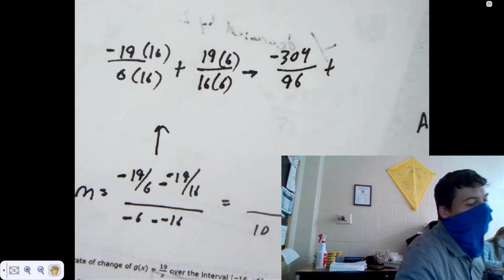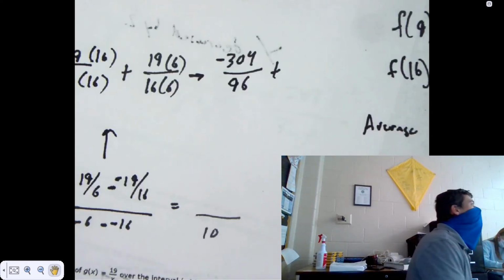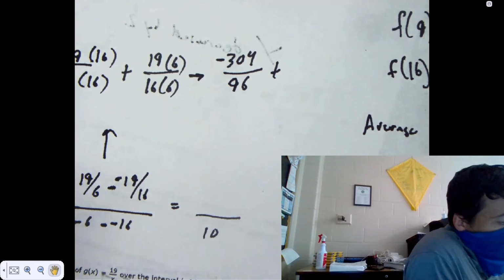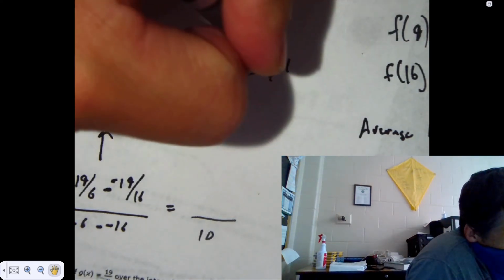This is negative 304 over 96 plus, and 6 19s, again, I would use the number 20. 6 times 20 is 120, and take away 6. Just lost my train of thought. 114.